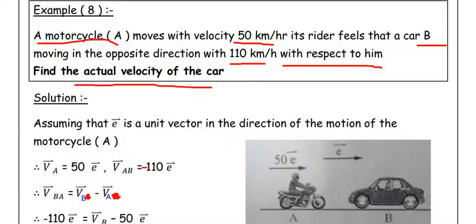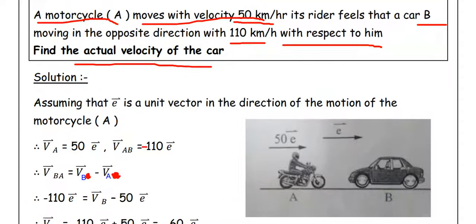So we have a motorcycle A and a car B. The velocity of the motorcycle A is 50 km per hour, and its rider feels that a car B is moving in the opposite direction at 110. So feels means it is not the actual velocity of B, it is the relative velocity. It is the velocity of the car B with respect to A.